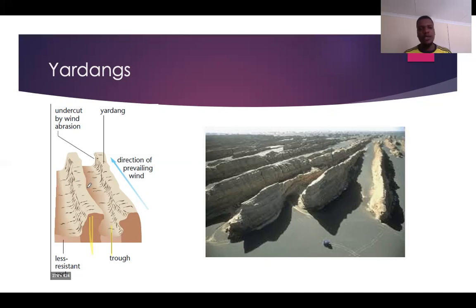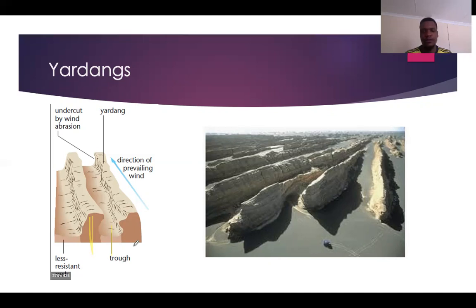But the way you look at them, it looks like they are like zeugens. The difference is that if you look at this, the ridge is continuous, and the trenches are continuous. And we have vertical layers of resistant and soft rocks.